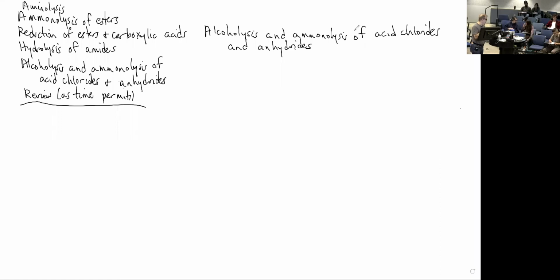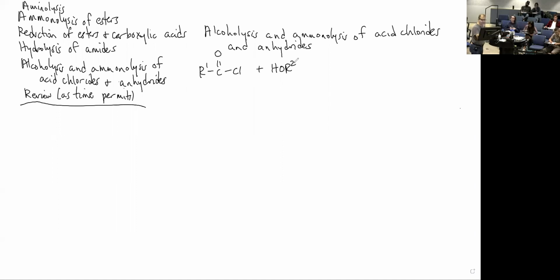Although this doesn't come from one particular section of the chapter, this is class material, and this is material that you will be responsible for on exam 4 and the final. I think you'll find it fits right in. It's just another example of the same type of reaction. Alcoholysis of an acid chloride first requires an acid chloride, obviously. So here's our acid chloride, and then we will treat this with some alcohol.